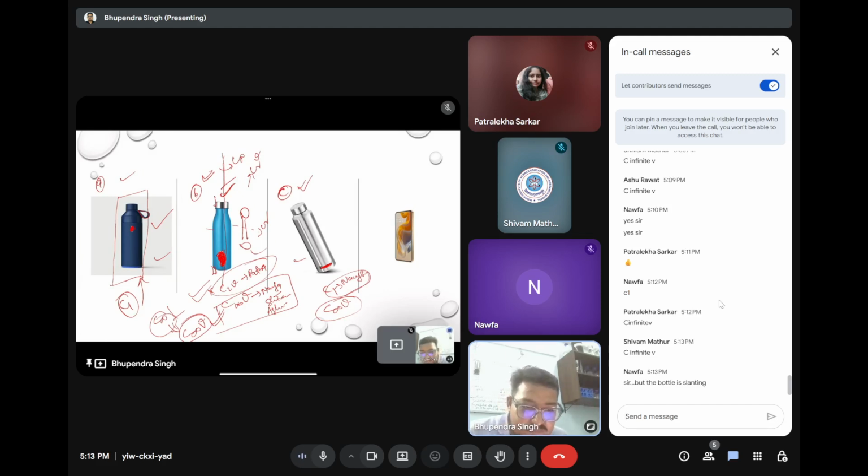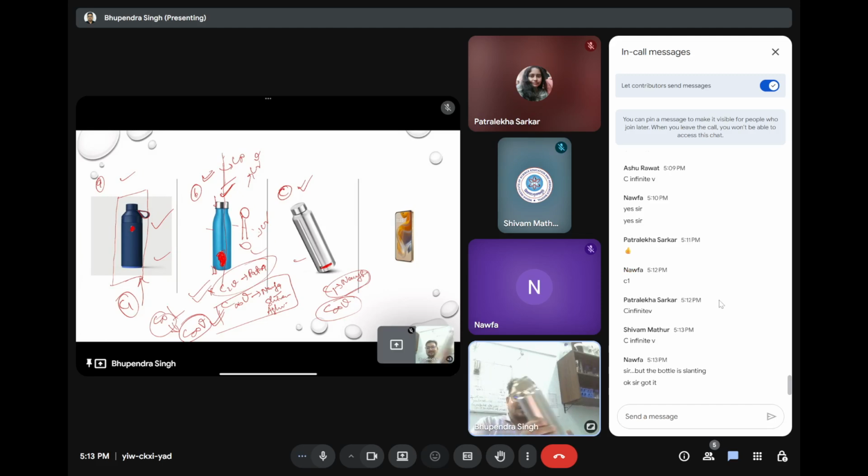But sir, the bottle is slanting. So what? It is not going to change the point group of the bottle. This is the object. See, this is the bottle.